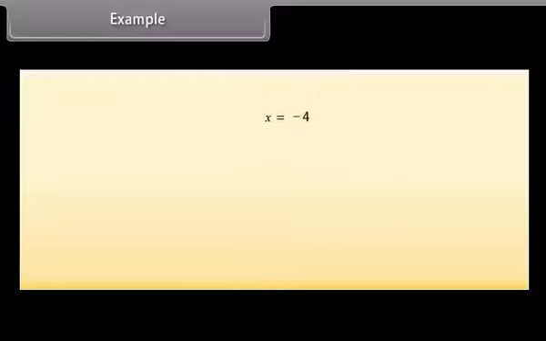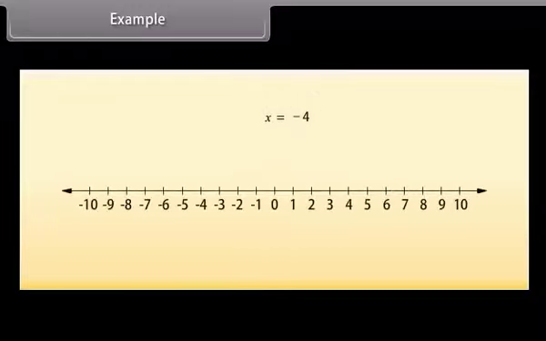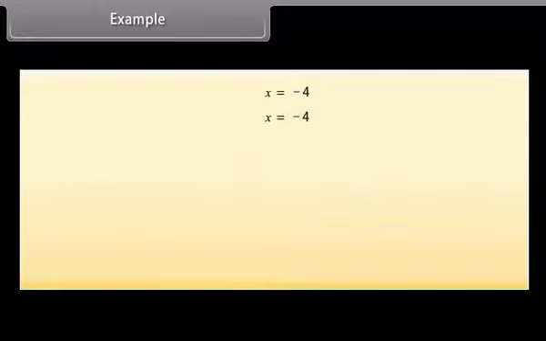Now let's see where it lies on the number line. Here it is. Now we know that x is equal to minus 4 can be written as x plus 0y is equal to minus 4. And this becomes a linear equation in 2 variables.